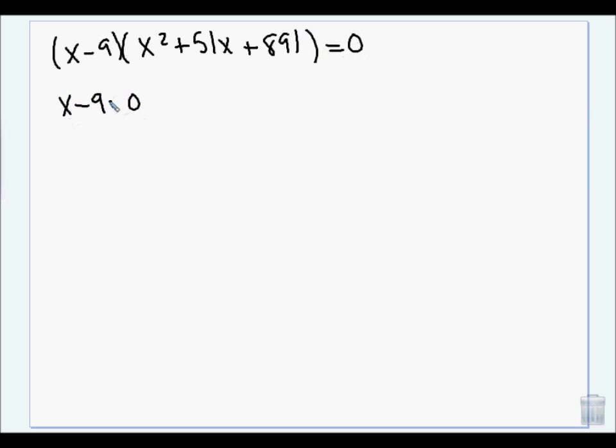So we have x minus 9 times x squared plus 51x plus 891 is equal to 0. So that means x minus 9 equals 0, and x squared plus 51x plus 891 equals 0. Well, this one's nice. x equals 9.